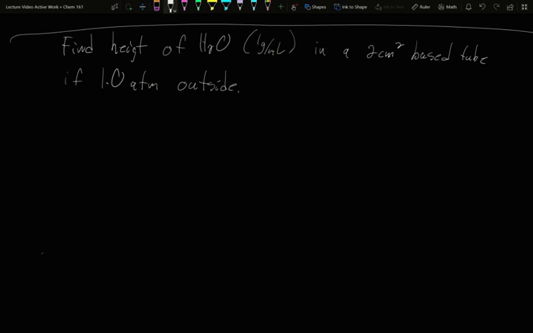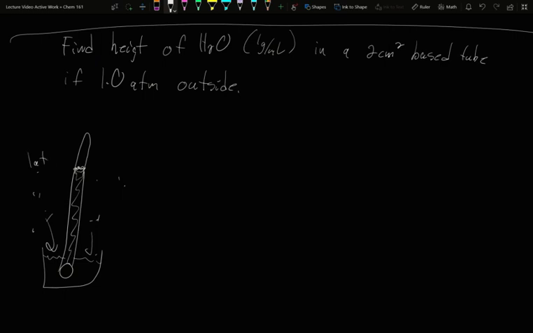All right, if you're back, well, same setup. I've got liquid, I have a tube that's going to go up, and there's going to be some height to it that it fills with liquid. I've got a bunch of gas on the outside impacting the liquid. It's 1 atmosphere outside.